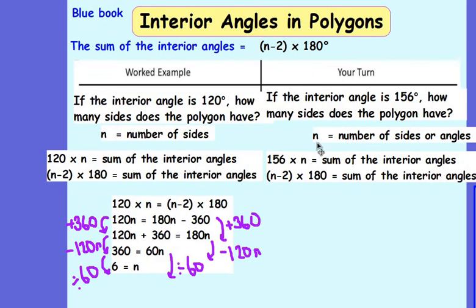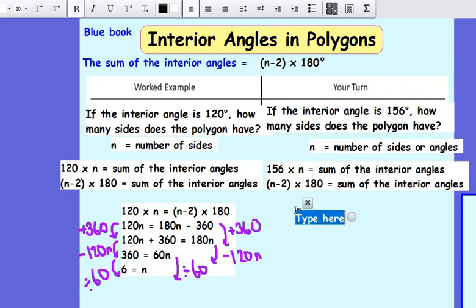We also know that n minus 2 times 180 will also give me the sum of the interior angles. So we now know that 156 times n is equal to n minus 2 times 180, just putting those two equations together. So 156n is equal to 180n, take away 360.